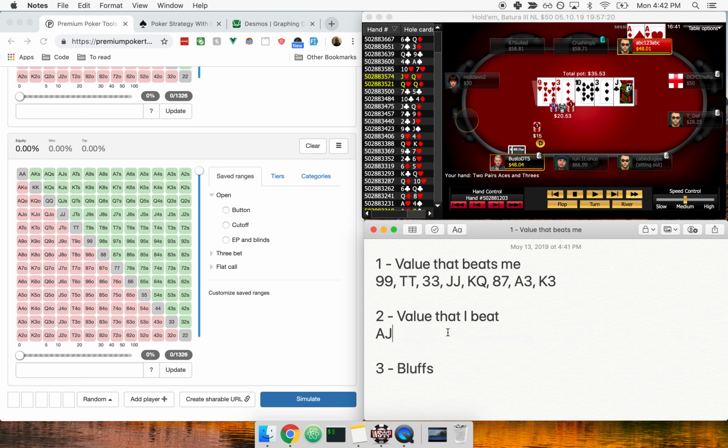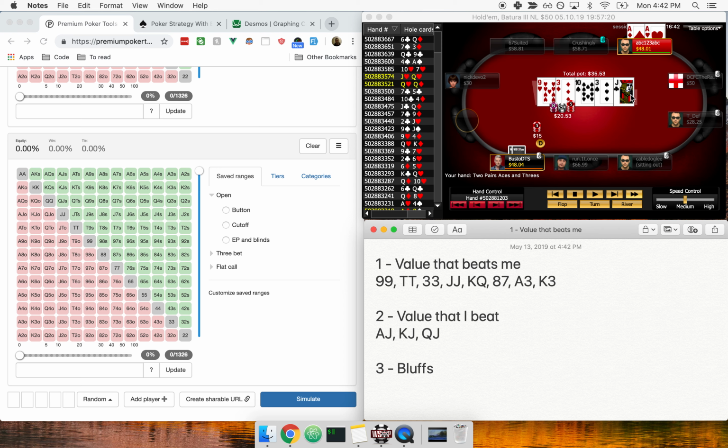So this bucket, in this situation, I don't see many hands that would fit into it. Like ace-jack or king-jack, maybe queen-jack. But if you think about it, let's say that he has queen-jack here. What is he hoping to get called by? Queen-jack loses to jack-10.